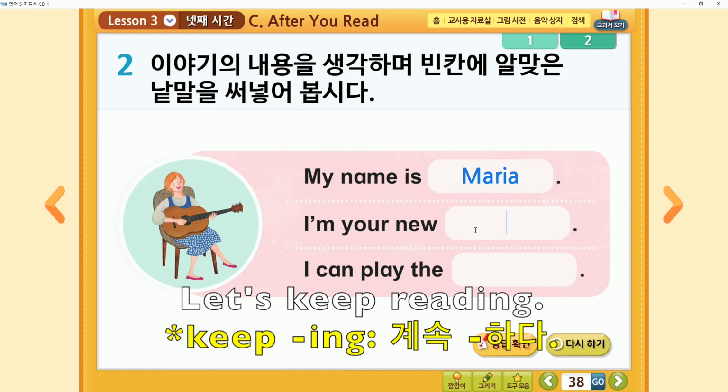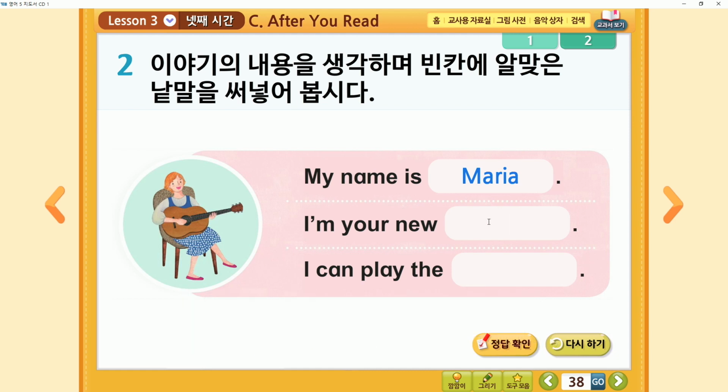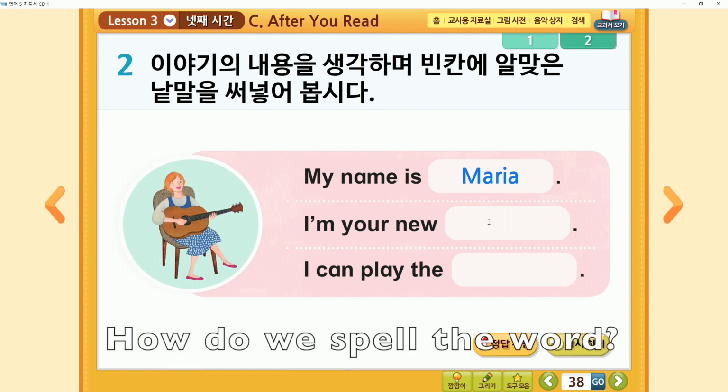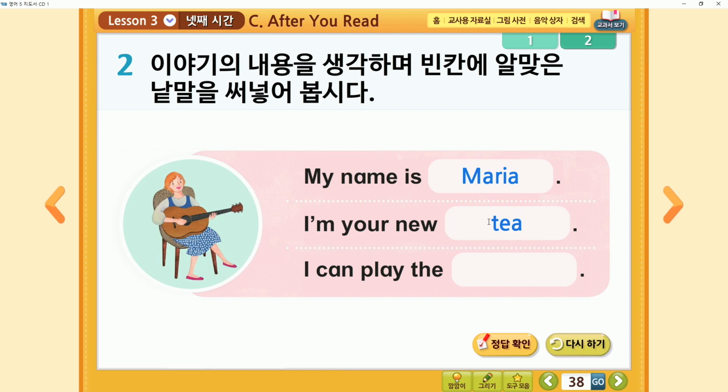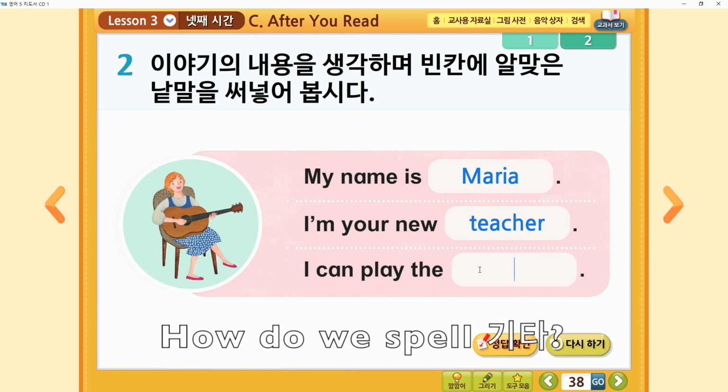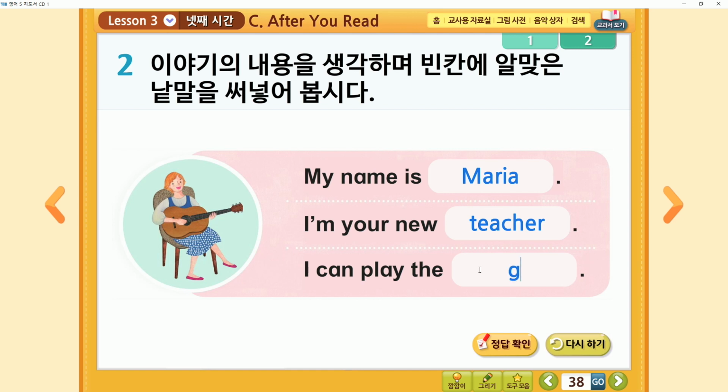And now let's keep reading. I'm your new teacher. How do we spell teacher? T-E-A-C-H-E-R. I can play the guitar. How do we spell guitar? G-U-I-T-A-R. Now let's check. Good job.